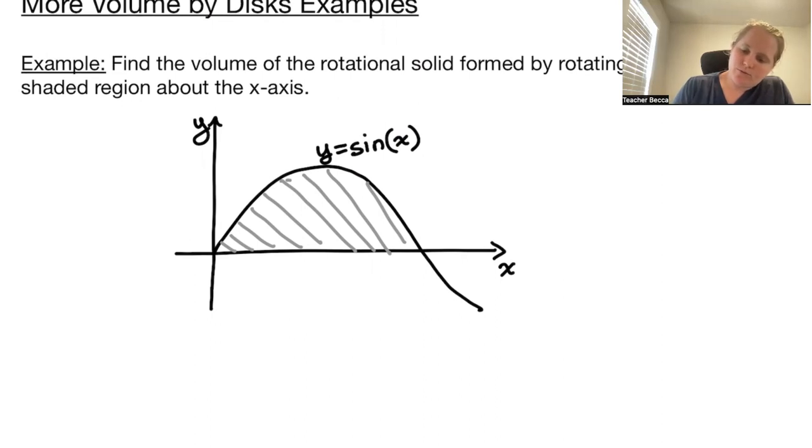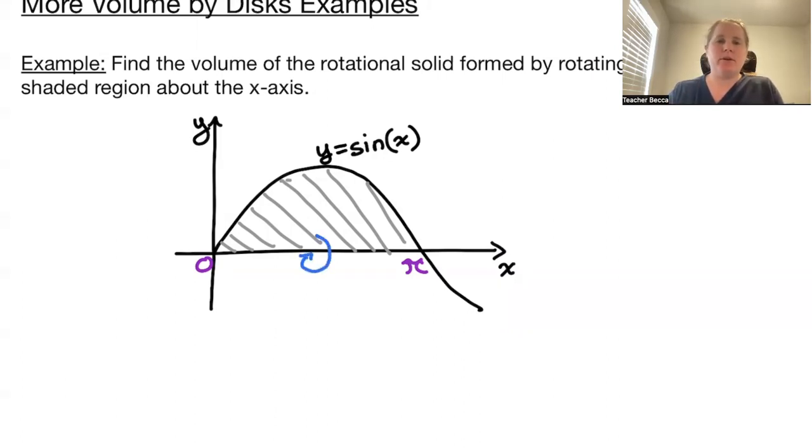Those two functions, or where we first hit this x-axis, is at 0 and at pi. So we are looking at the region between 0 and pi. Again, we are rotating about the x-axis.